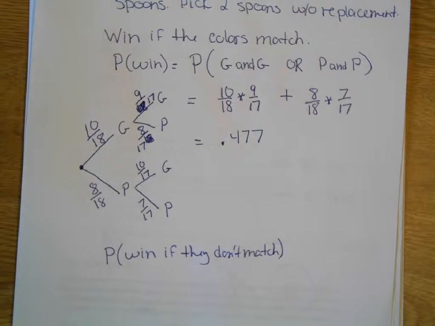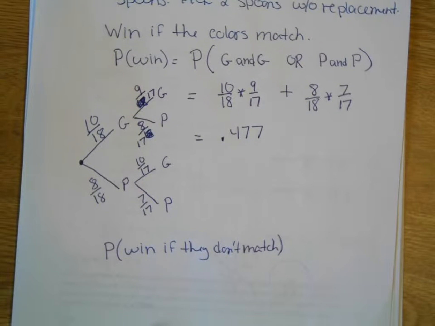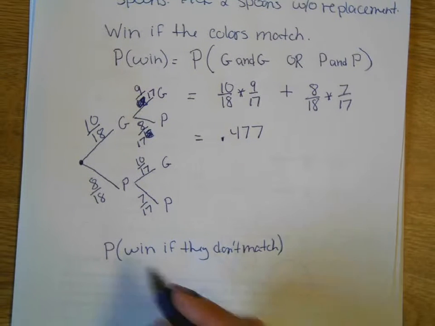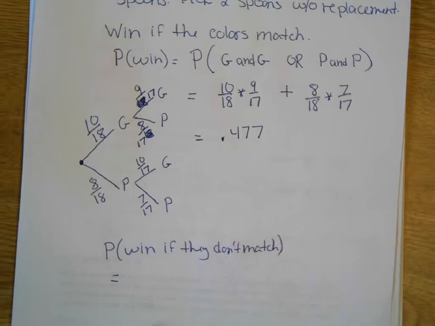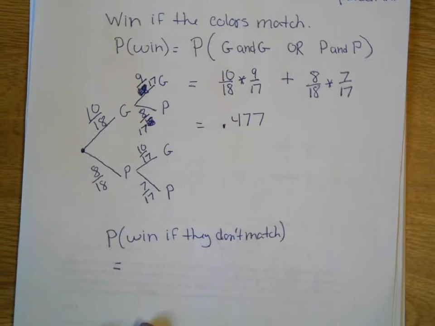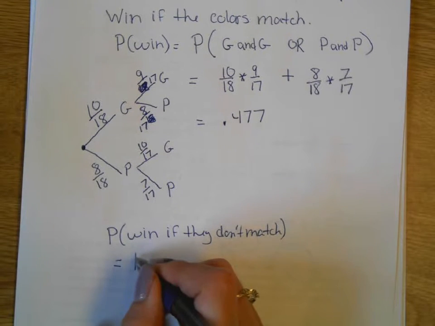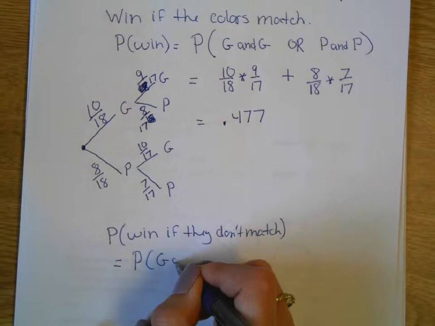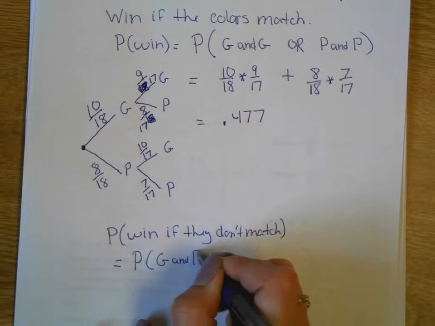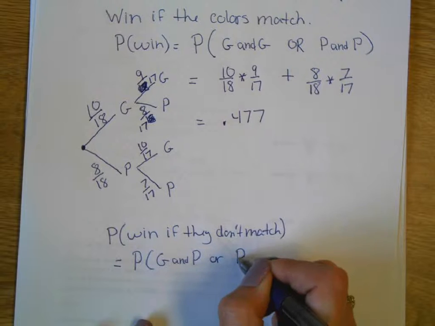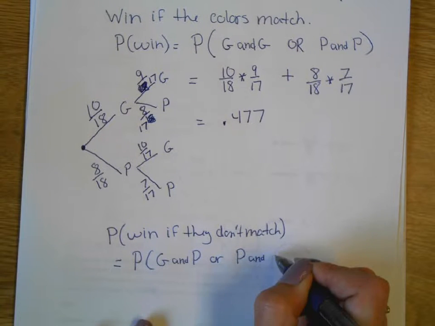Okay. So, switch this into what situations are we looking to have happen? Shouldn't it just be the opposite? Green, purple, purple, green. Green and purple, or purple and green.